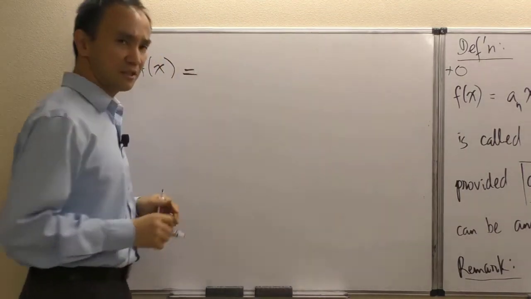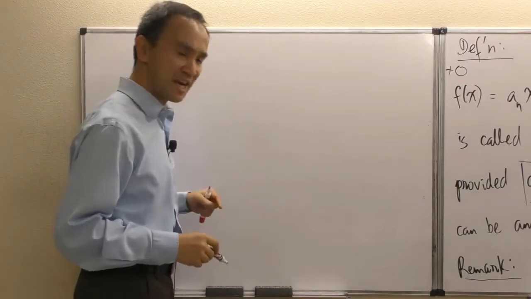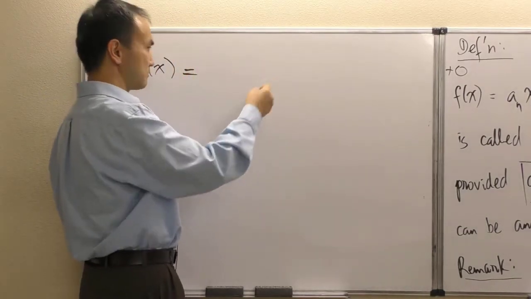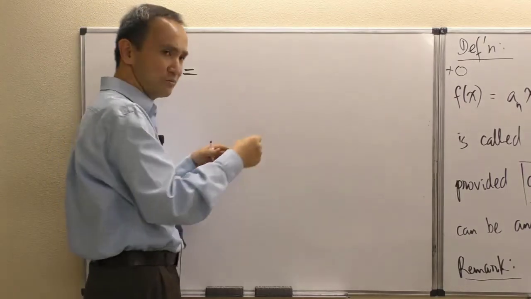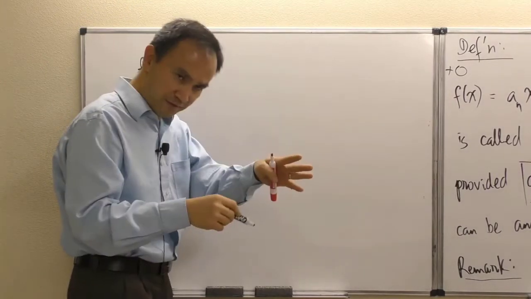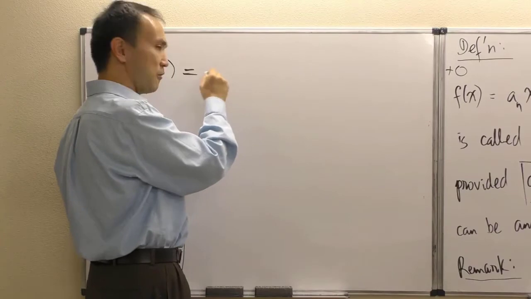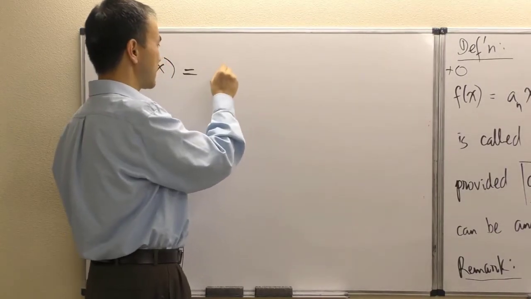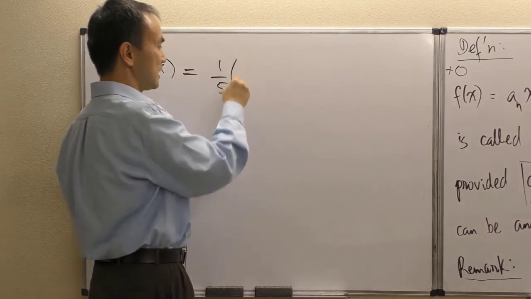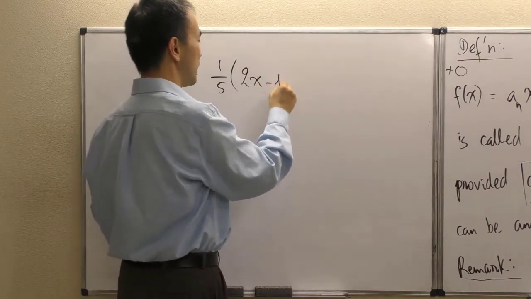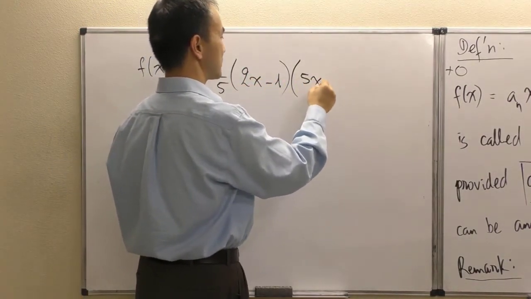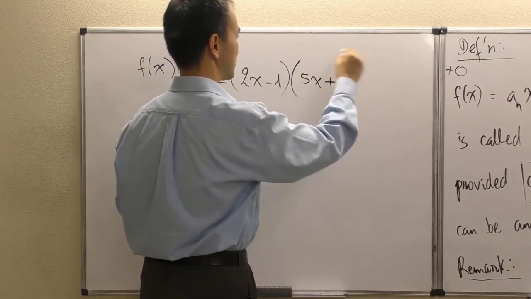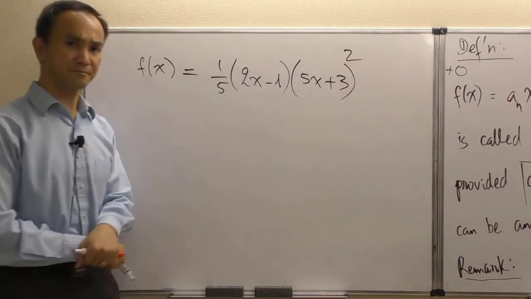At this point, one last case. In factor form, a lot of times your polynomial comes with a coefficient in front already. So let's say we have a 1/5 here, and then there's a 2x minus 1, and then there's a 5x plus 3, but squared, for example.